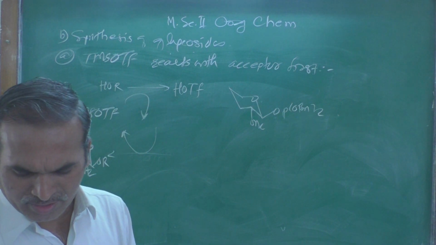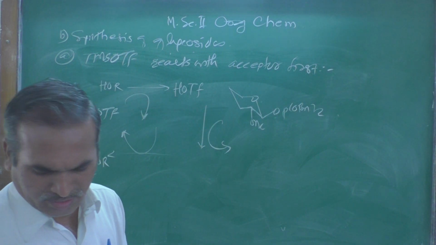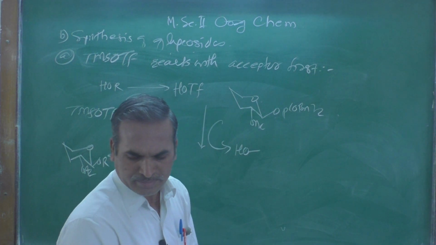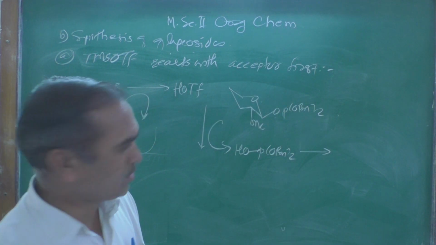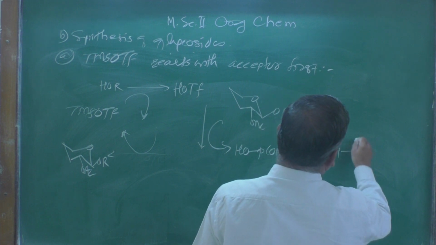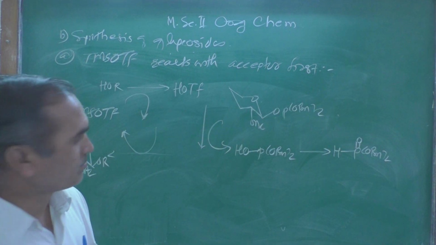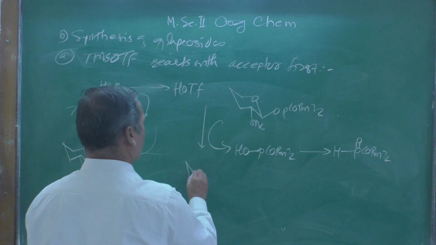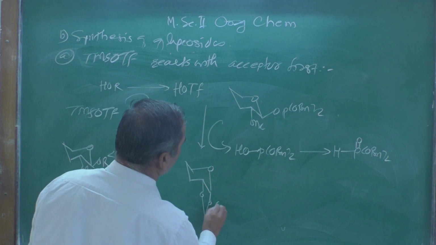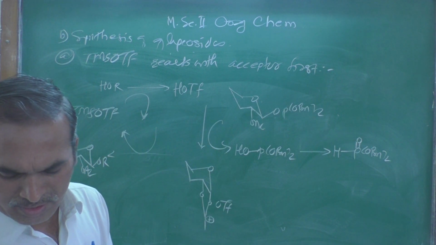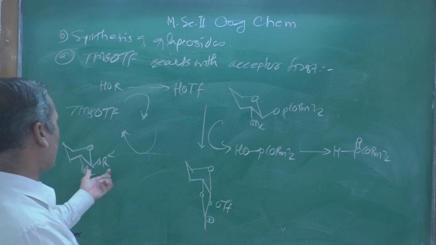This type of the phosphate we are getting, and from this phosphate it may convert into HO, then P(OBn) twice, and that will be converted into H, P double bond O, then OBn twice, and from this we can get an intermediate like this, O, positive charge OTf, and this intermediate is generally converted into this type of the glycosides.